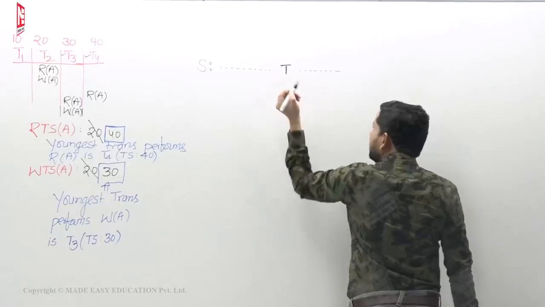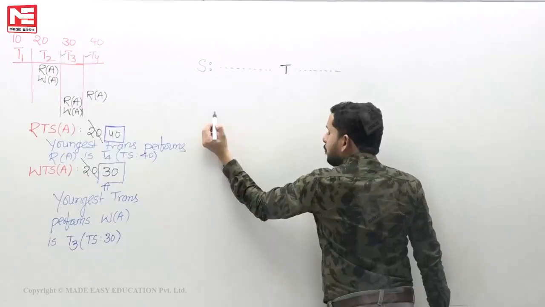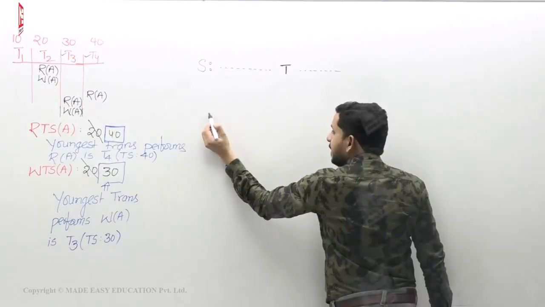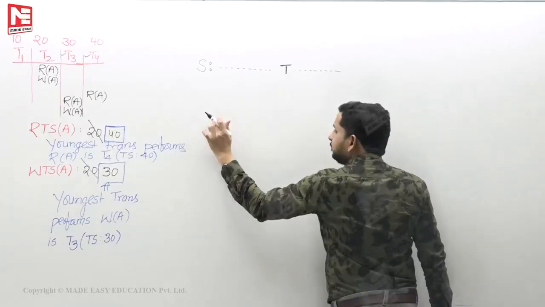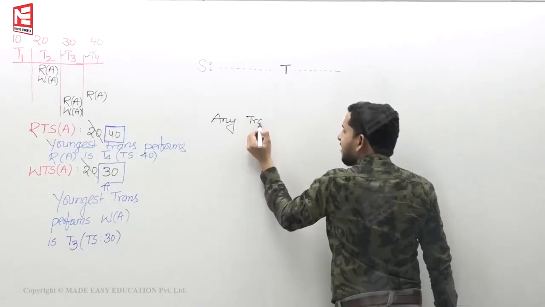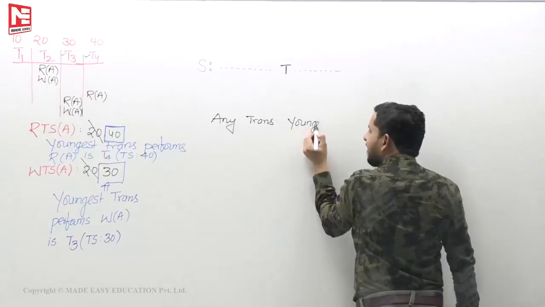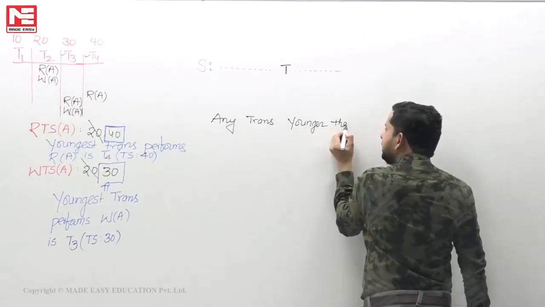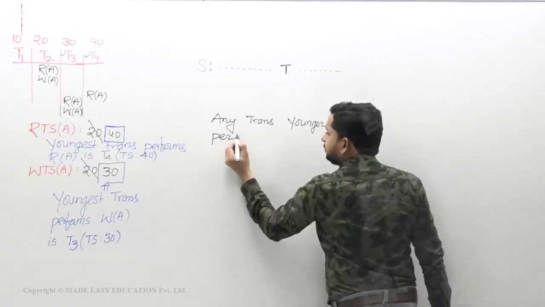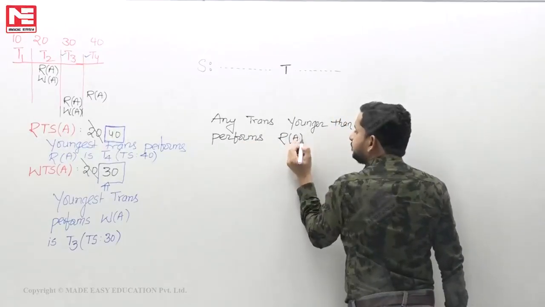I want to answer this question, just a simple statement: is any transaction younger than T performing read of A or not?